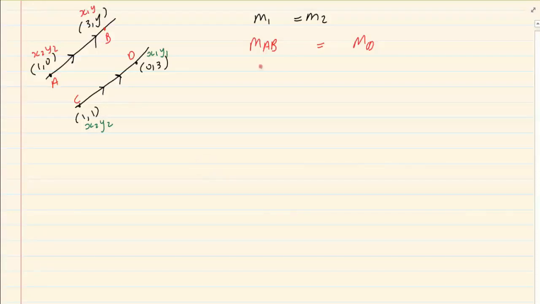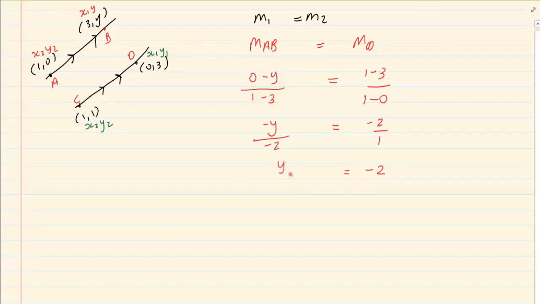We have 0 minus y over 1 minus 3 is going to equal to 1 minus 3 over 1 minus 0. Now if we solve the side, we have 1 minus 3 is minus 2 over 1, which is equal to minus 2. Here we have 0 minus y is minus y over 1 minus 3 is minus 2. So we got y over 2 is equal to minus 2. To get rid of the y, we're going to multiply by 2. So I have y is equal to minus 4.